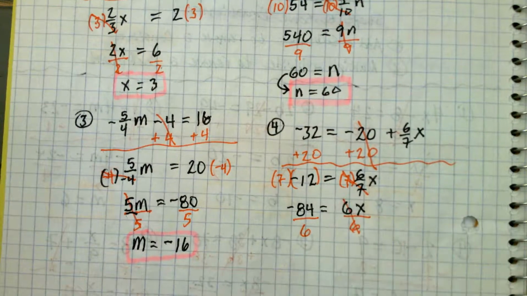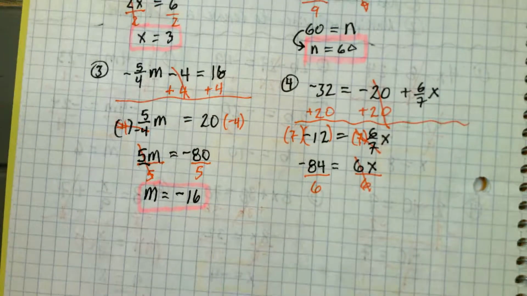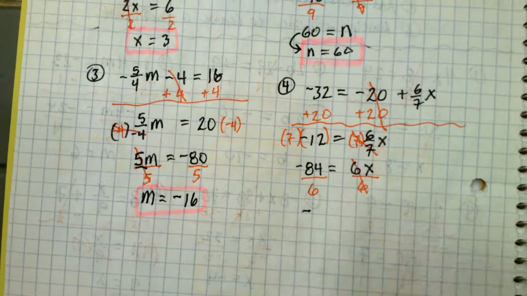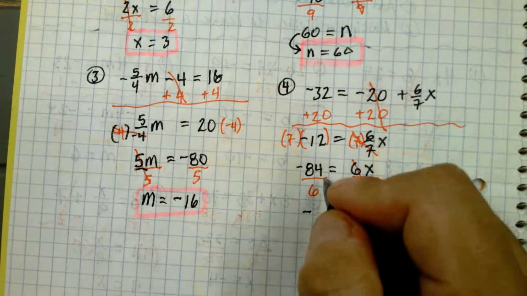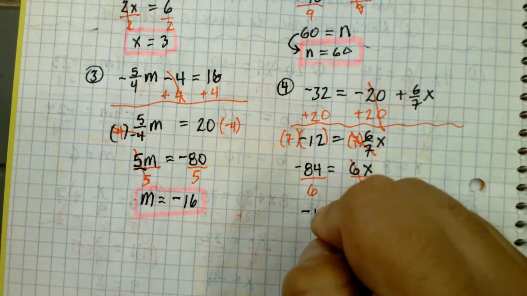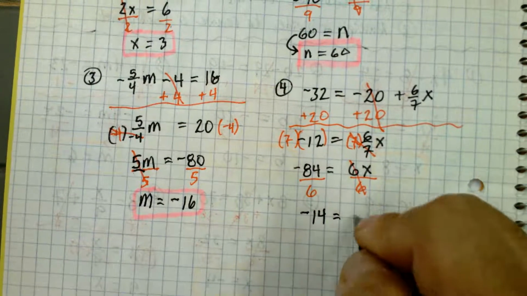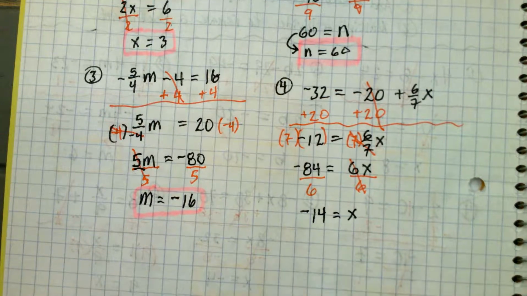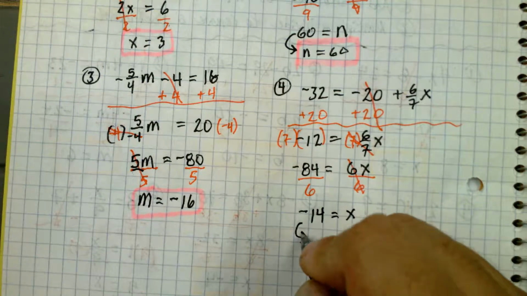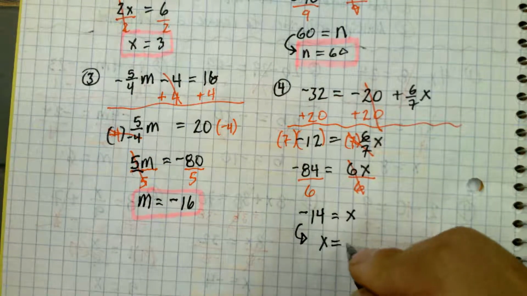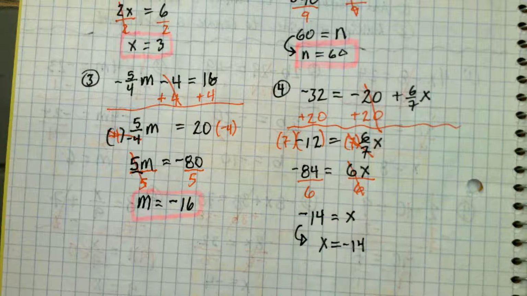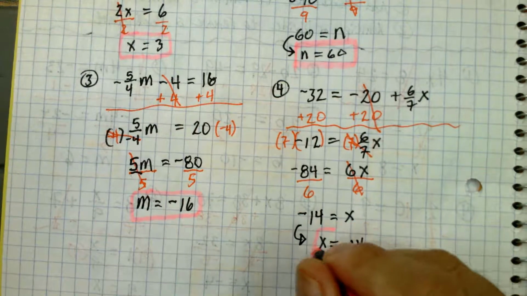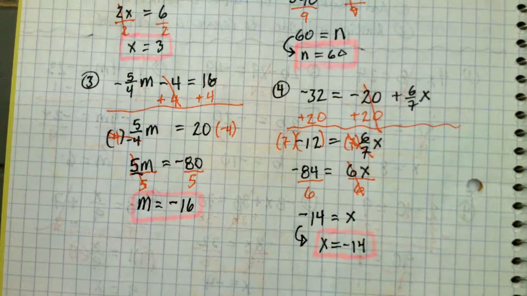Negative 84 divided by 6. Well, I know it's going to be negative, and 6 goes into 84 14 times. And so the answer is negative 14 equals x. Or like I said, we could just flip this around to x equals negative 14. Okay? So that is our answer for that.